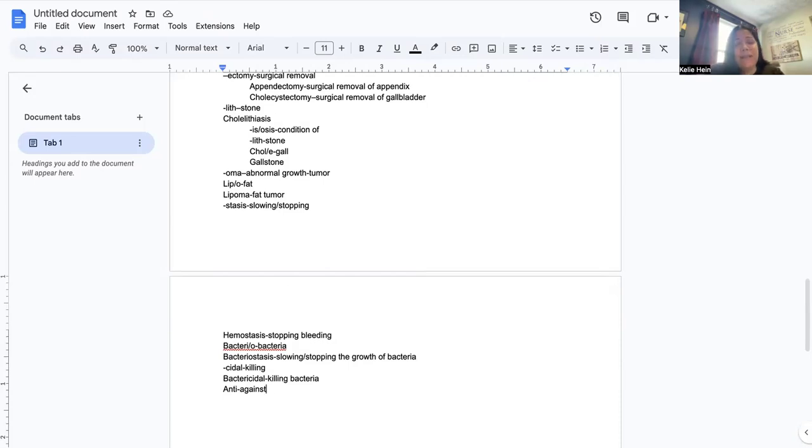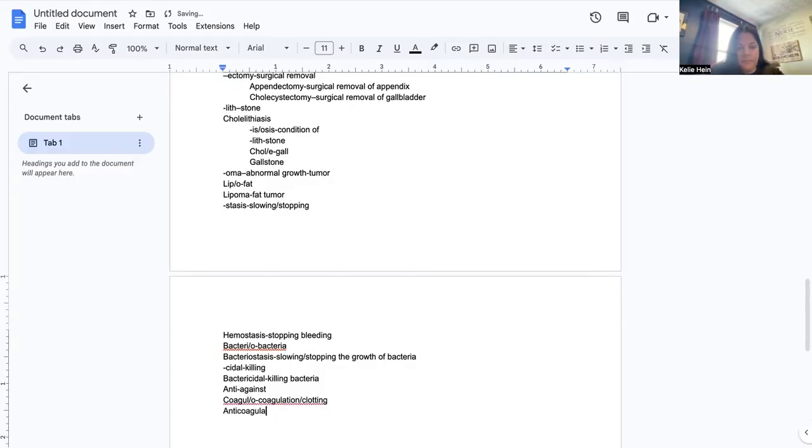You take an antifungal to kill that fungus, okay, whatever it is. And so anti then is going to be against. If you give someone an anticoagulant, so coagulo, clotting, or coagulation, right? Coagulation, which is clotting.